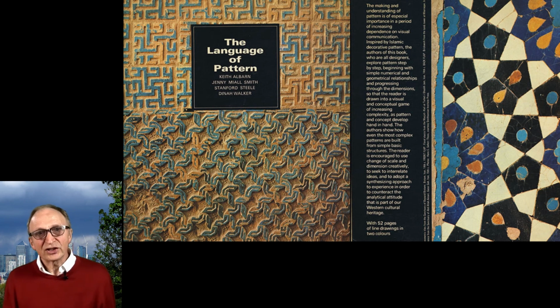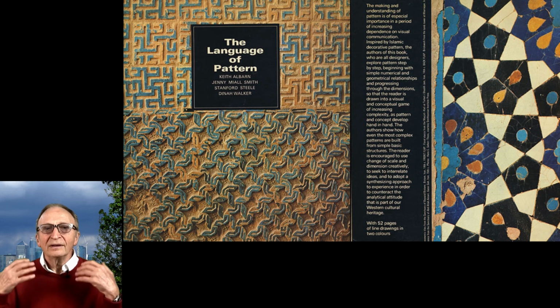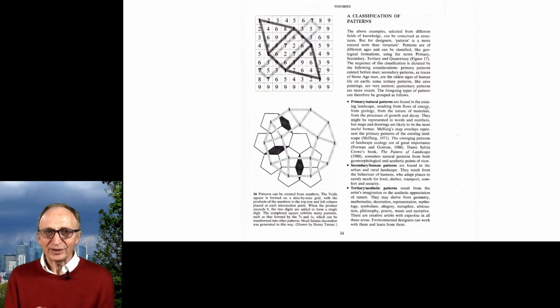Transformation is used as a term to describe the process of creatively transposing a pattern from one context to another, making use of changes of scale, dimension and viewpoint to generate fresh perceptions. The Vedic square, an arrangement of numbers shown in figure 16, was transformed into lines, planes, brickwork, glazed tiles, garden plans, buildings, and even town plans.